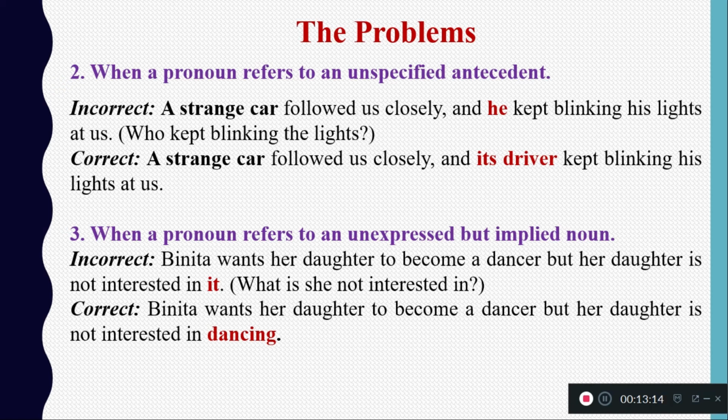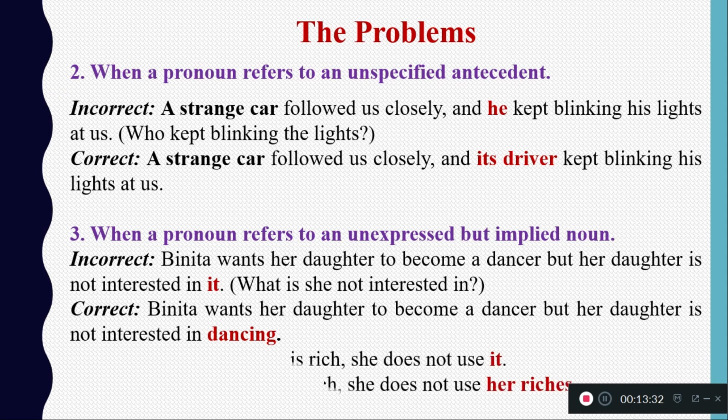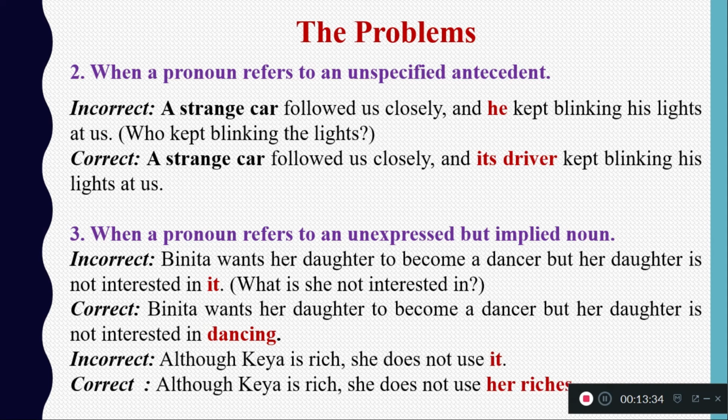A pronoun "it" is there, but the antecedent is implied. So the antecedent must be explicit in this way: "Binita wants her daughter to become a dancer, but her daughter is not interested in dancing." There is another example for you. I expect you to go through it.